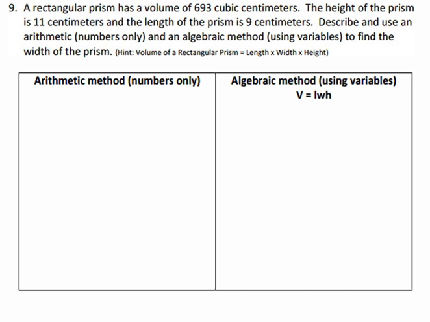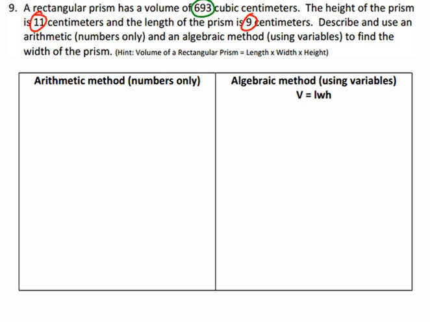Next is a geometry example. We're going to solve this using arithmetic, and we're going to solve it using algebra. With arithmetic, this is where you kind of just work backwards. You don't need any variables. You're not going to use any equal signs to make it an equation. We can start by multiplying. So we have our volume, and then we have two side lengths.